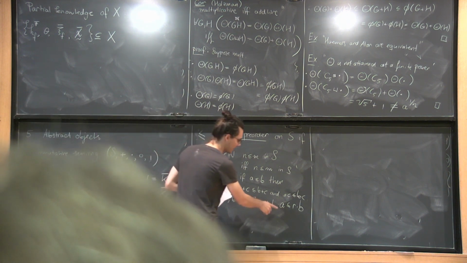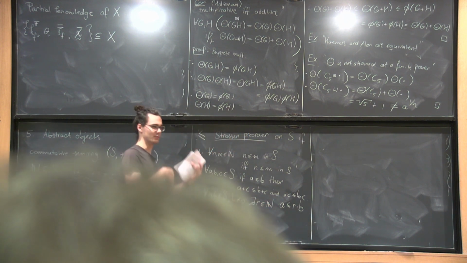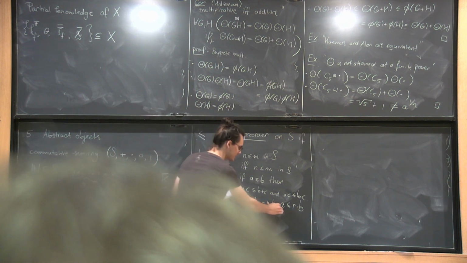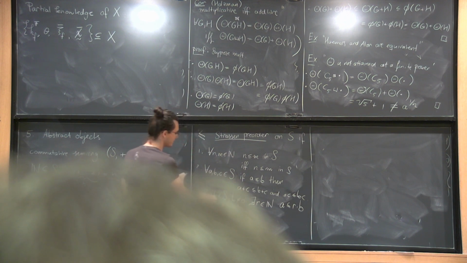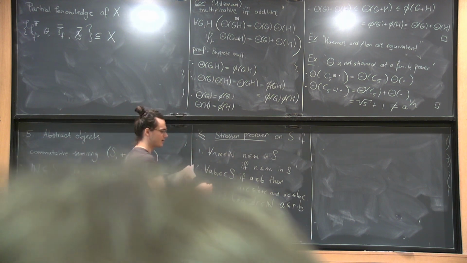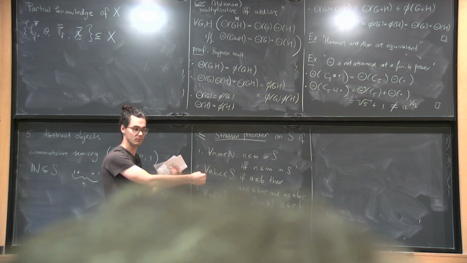Any element cannot become too big, in the sense that it can always be upper bounded. Think of B as 1. We can always upper bound A by some natural number.